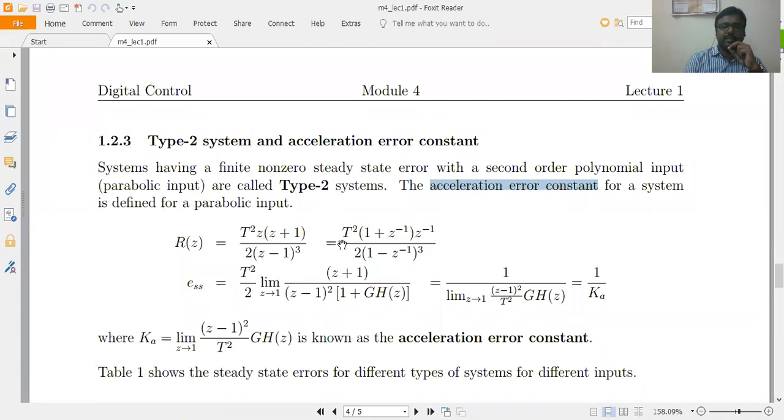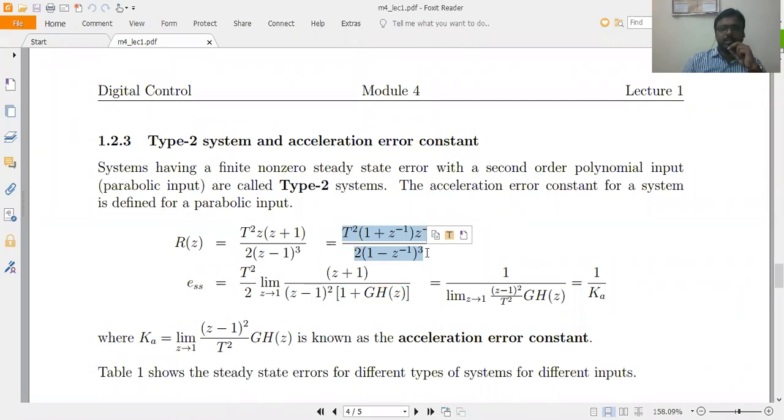It can be taken, in terms of z inverse, as T square into 1 plus z inverse into z inverse divided by 2 into 1 minus z inverse whole cube. And this is the expression for the Z transform of a parabolic function.